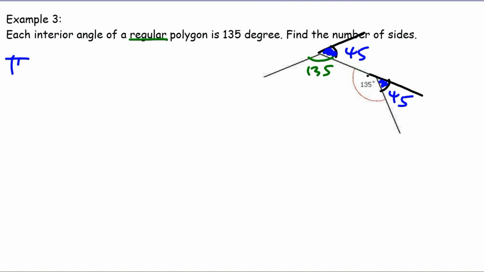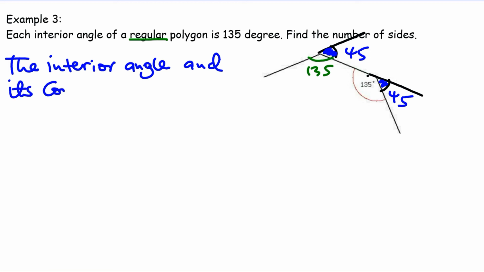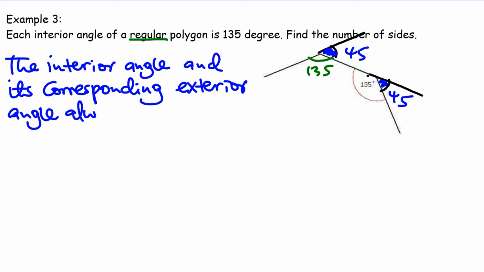So the interior angle and its corresponding exterior angle always add up to 180 degrees.